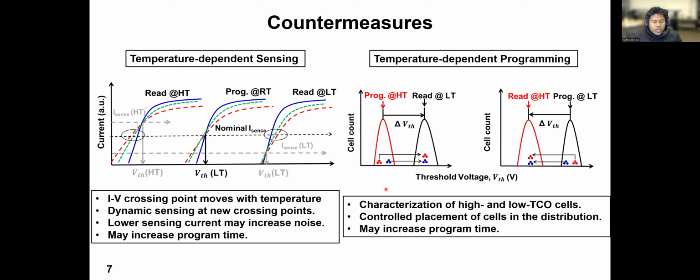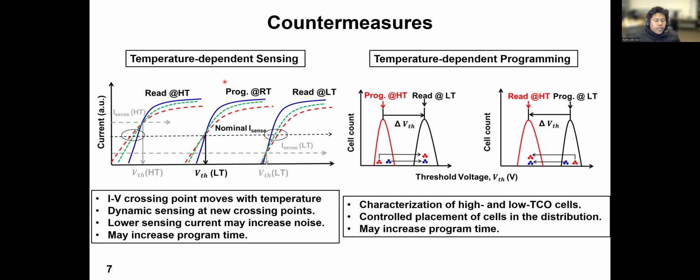So to counteract this phenomenon, we present here two different schemes. On the left is the temperature dependent sensing scheme, and on the right is the temperature dependent programming scheme. As we saw in the previous slide, because of the temperature change in whatever direction, the crossing point of those IV characteristics move up or down.